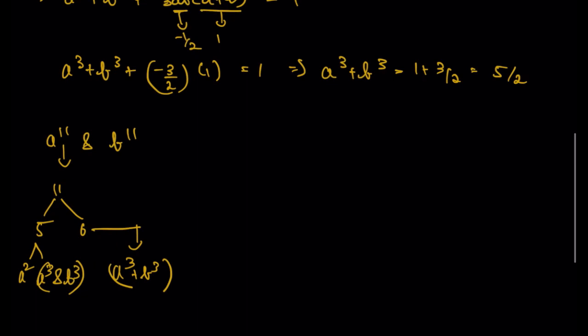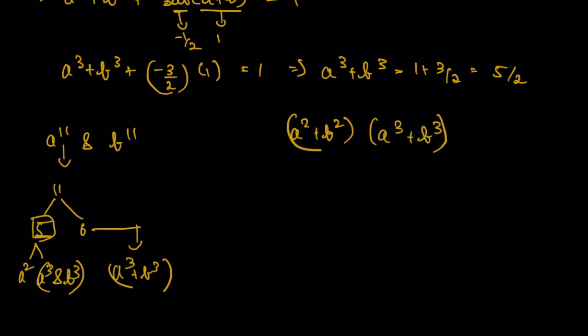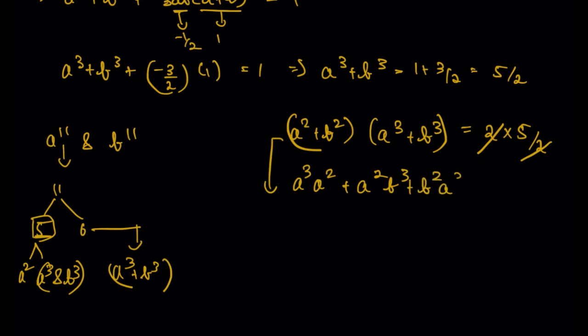So going towards the 5 power terms, a square plus b square multiplied by a cube plus b cube is 2 into 5 by 2. Cancel the 2's. It implies a cube a square plus a square b cube plus b square a cube plus b square b cube equals 5.